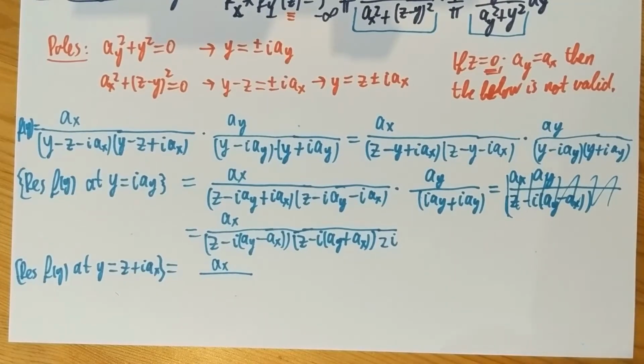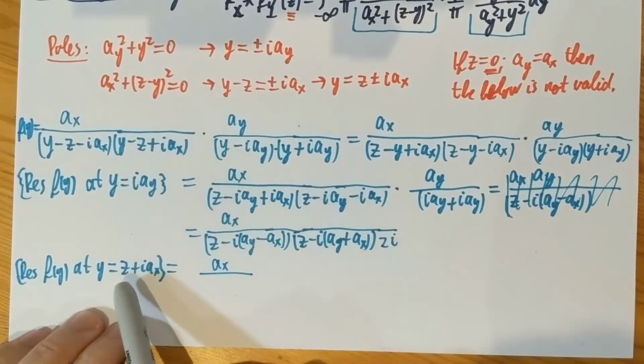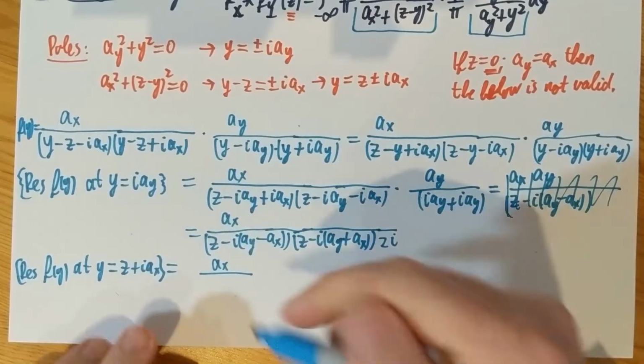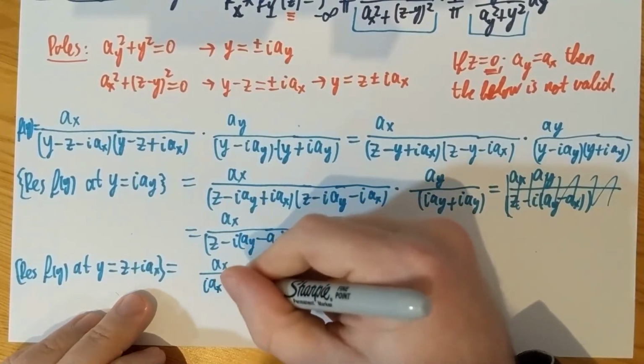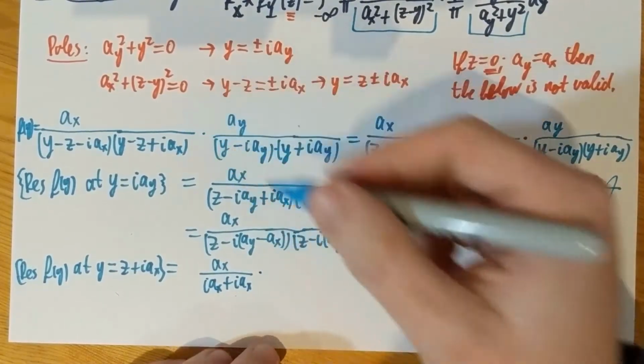When I do that, then I end up with y minus z plus iAx at this point for y. The z's cancel, so I just have iAx and another iAx, and that's all that's left from the first term.